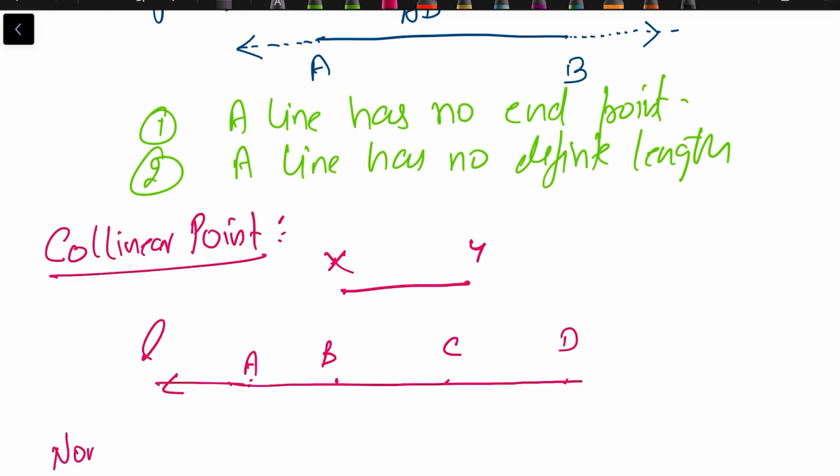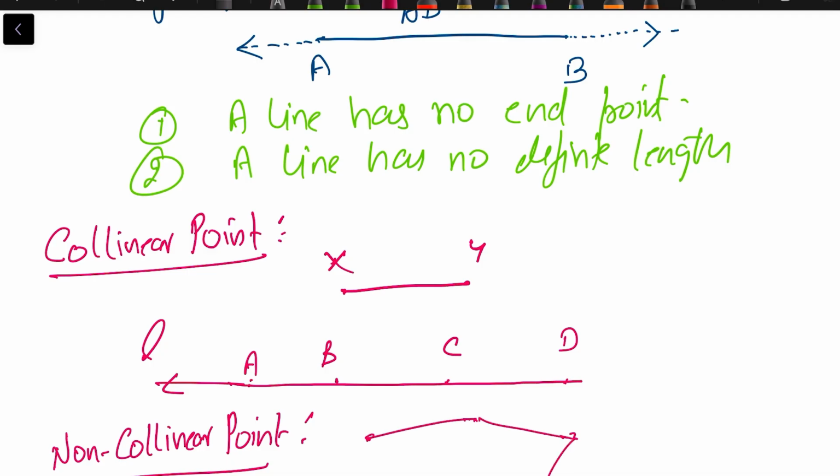Okay, another topic is non-collinear points. What exactly are non-collinear points? Like one point is here, one here, one here, one here, one here. If I draw one line, we can join two points, another line we can join another two, and so on.